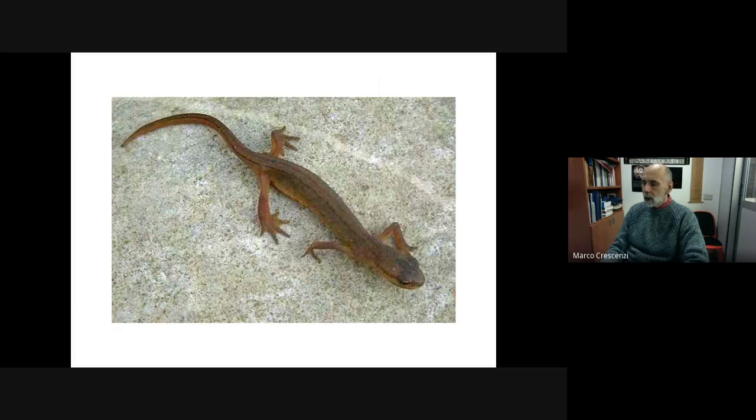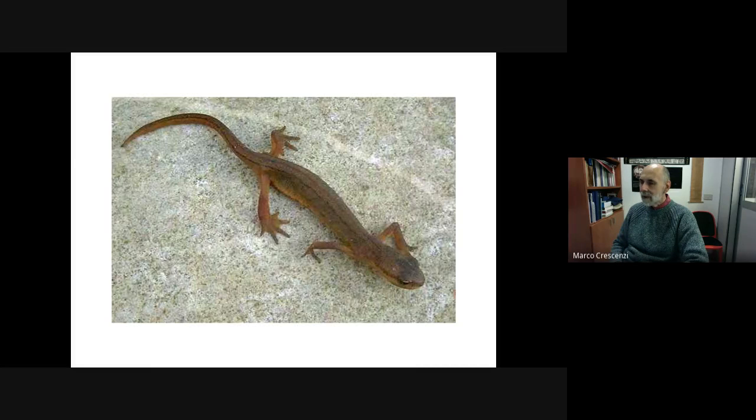They will all regenerate and go back to the original state. Provided, of course, that you don't kill the animal by the amputation itself. The animal must survive in order to regenerate.